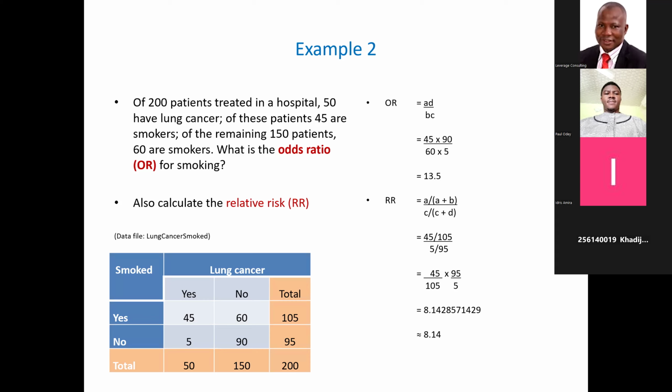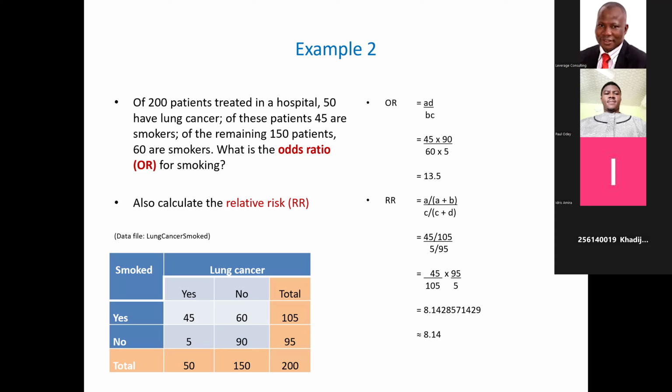They now said of the remaining 150, the 50 have lung cancer, the remaining 150 don't have lung cancer. Even if they don't tell you 150, you know that out of 200, if 50 have lung cancer, the remaining will be 150. Now they say 60 are smokers.